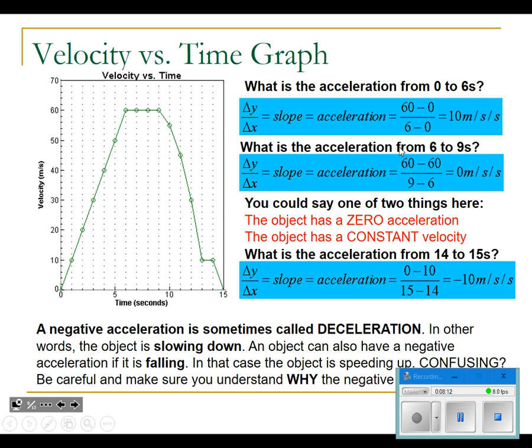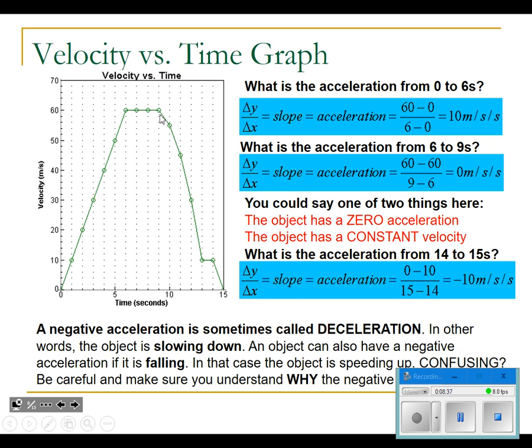So what is the acceleration from 6 to 9? Well, from 6 to 9, it's a horizontally flat line. So that tells us that the acceleration is 0. And if the acceleration is 0, that means that there's a constant velocity. We're just going 60 meters per second this whole time. So really that's setting our car on cruise control, and that's what it looks like on this graph.